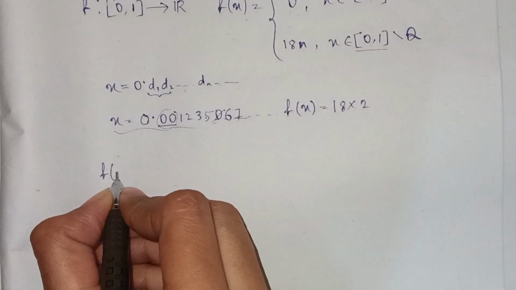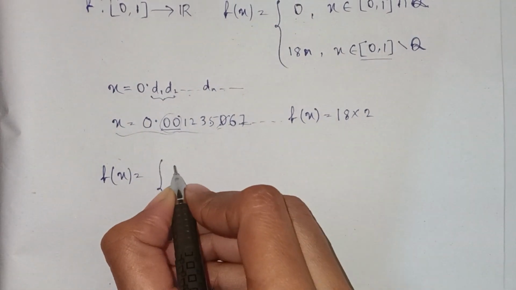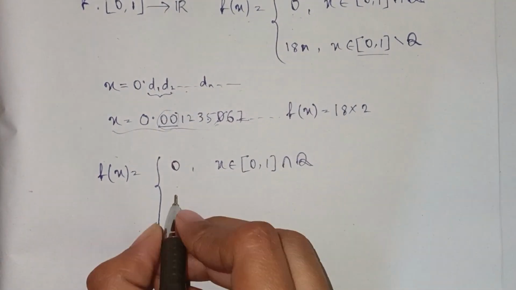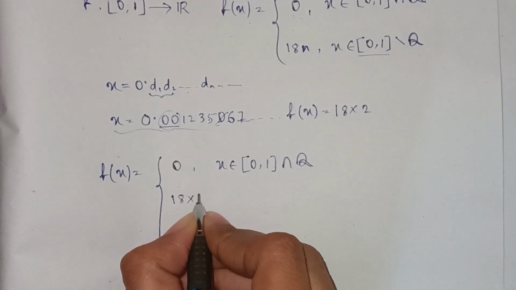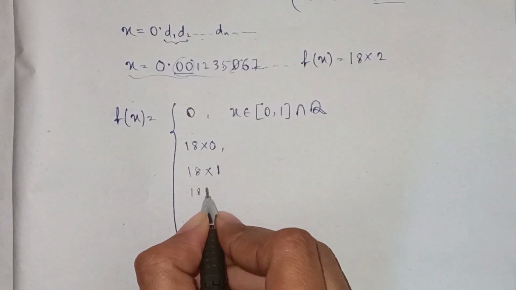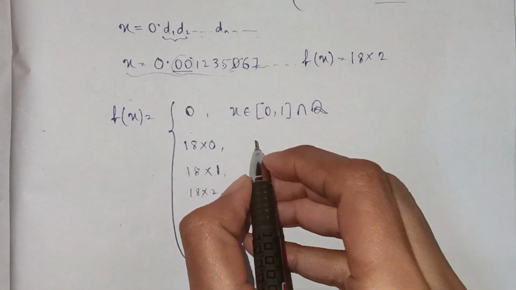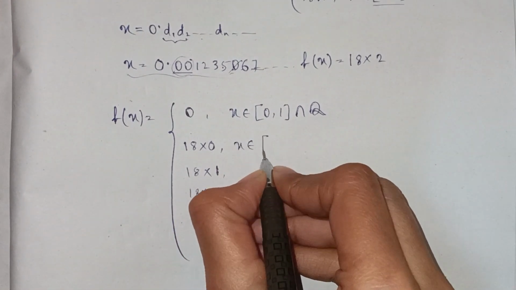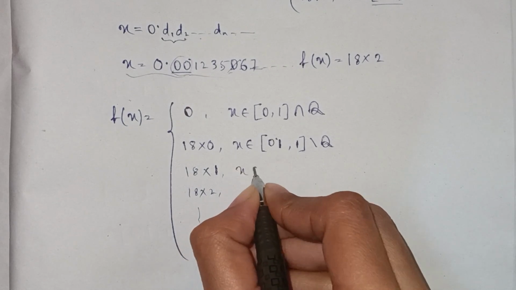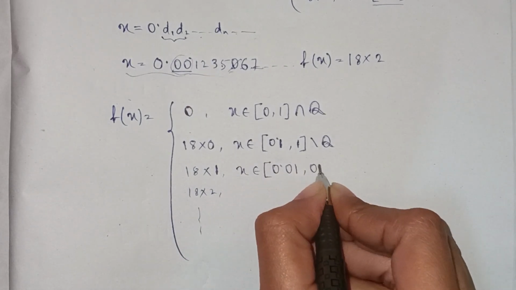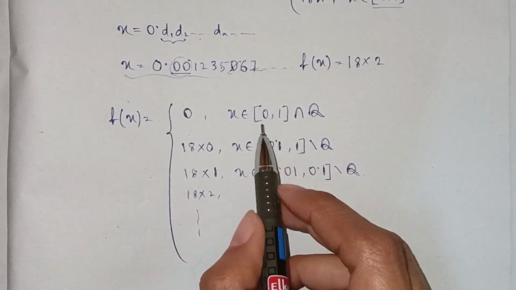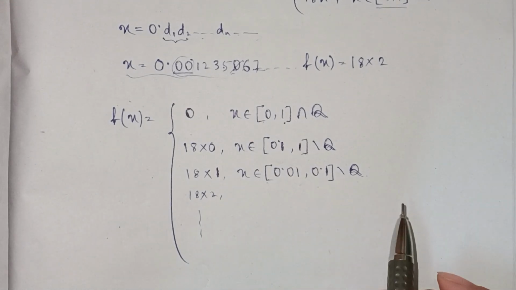So let me write it as f(x) is equal to 0 whenever x belongs to [0, 1] intersection Q, and f(x) is equal to 18 into 0, 18 into 1, 18 into 2, and so on, when x belongs to the interval (0.1, 1) minus Q, when x belongs to (0.01, 0.1) minus Q, and so on. Why are we dividing this interval [0, 1] into these subintervals?